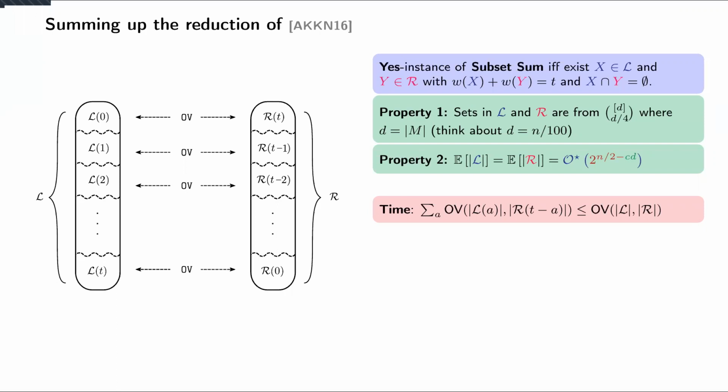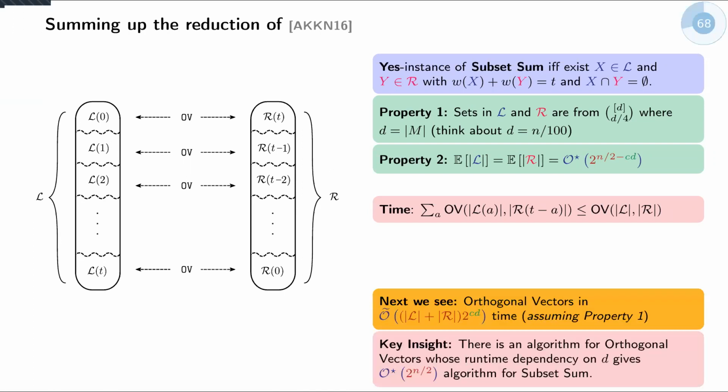So recall that we are considering the linear time algorithm for orthogonal vectors. So the time complexity to solve subset sum will be the time of the orthogonal vectors subroutine run on these calligraphic L and calligraphic R sets.